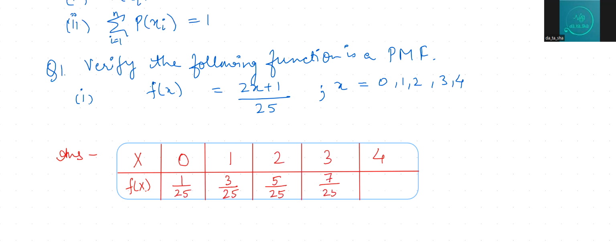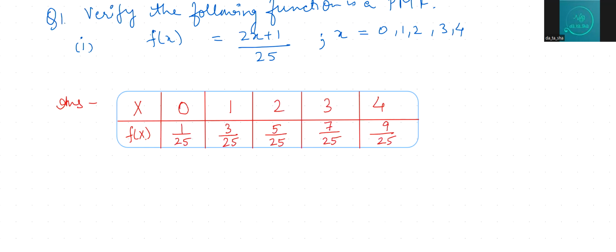Now, as I have just told you clearly, x is a discrete random variable. So here f(x) is greater than or equal to 0 for all the x, when we are talking about small x as 0, 1, 2, 3, 4.